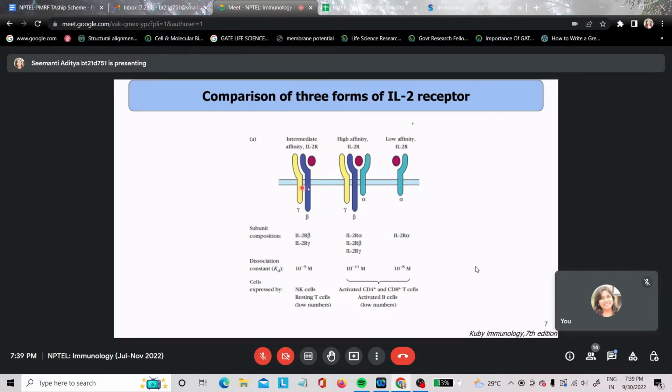The rest of these receptors will just bind to the ligand and will not mediate the signaling, because the signaling is mediated by the beta subunit only when it is bound by the alpha subunit and the ligand. Again, the intermediate affinity receptor is present on NK cells or resting T cells in low numbers. So they do not mediate signaling through the IL-2 receptors. There might be some other receptors present on NK cells which will mediate the cytokine signaling, but not this one.